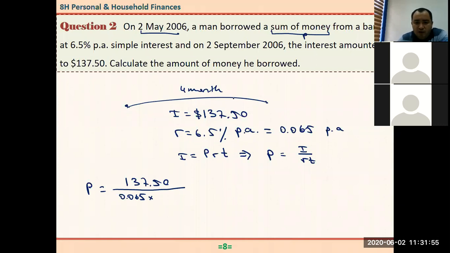It is 4 months. So 4 months, we have to change this into years. It is 4 over 12 years. So here we have 4 over 12. So we have to calculate this.